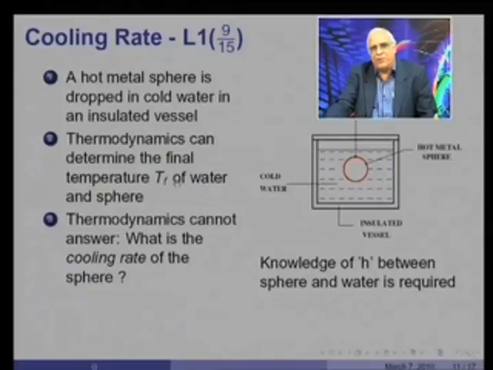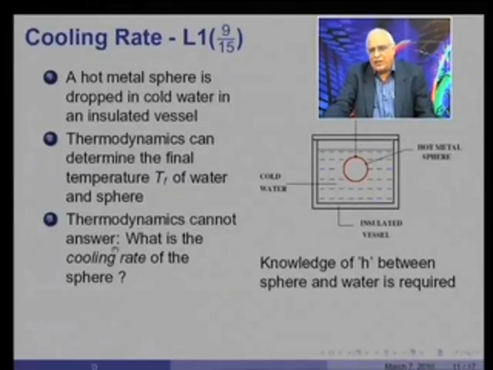Let us call this temperature T final, T_f. Thermodynamics will readily tell you what this final temperature will be, because the heat lost by the sphere would equal the heat gained by the water, and if you know the mass and specific heat of the sphere and water, you could readily determine the final temperature T_f.